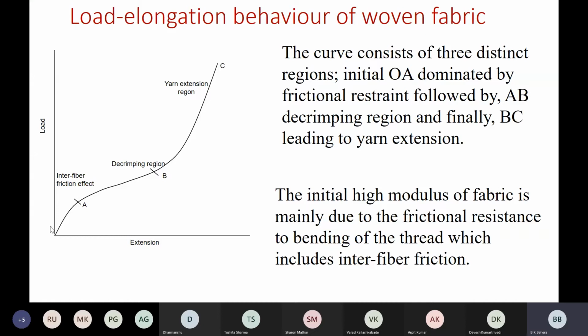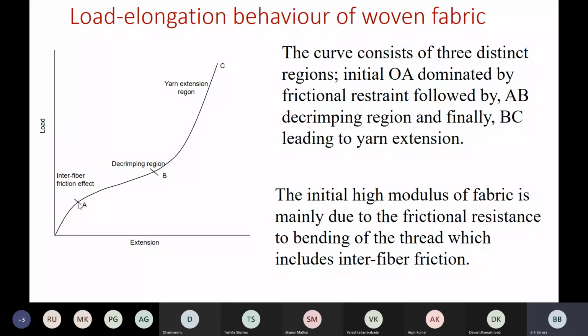This OA, we call it interfiber friction effect. Initially, when a fabric is loaded with a tensile load, the resistance offered by the fabric to deformation is mainly dominated by inter-yarn friction.